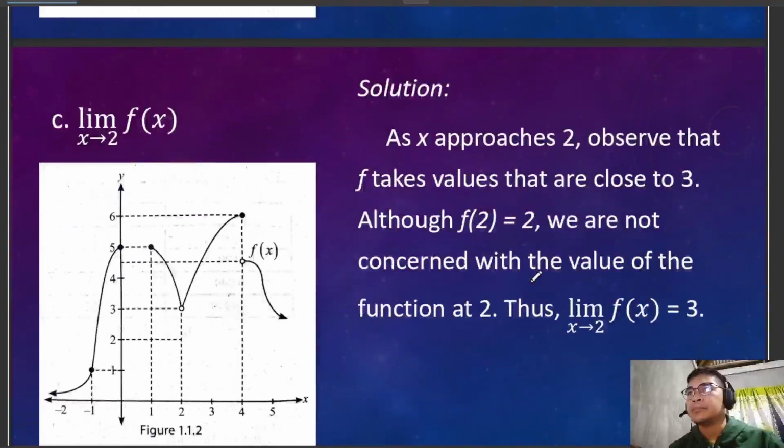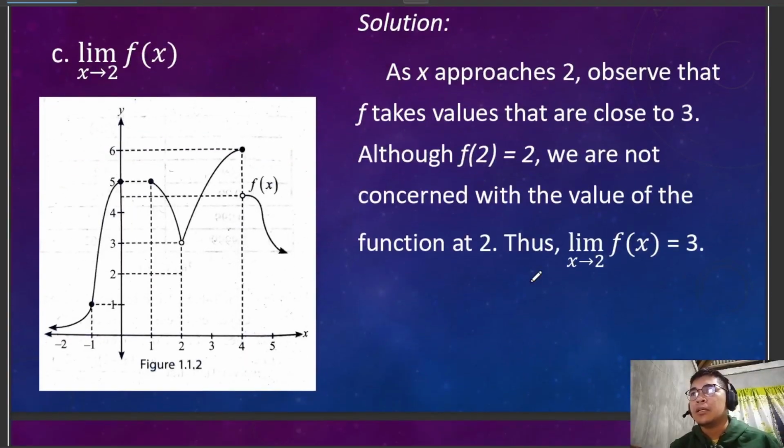Number 3. Okay. The limit of f of x as x approaches 2. Here, if you look, we have this one. As x approaches 2, observe that f takes values that are close to 3. We're not concerned with the value of the function at 2.